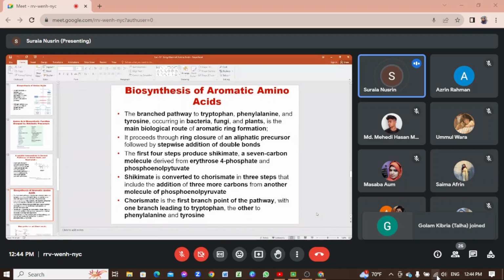Because we are not learning each of the steps of this biosynthesis elaborately, we are just learning the precursors and the important intermediates. For this course, that is enough for us to keep in mind. We don't need to learn each of the steps.